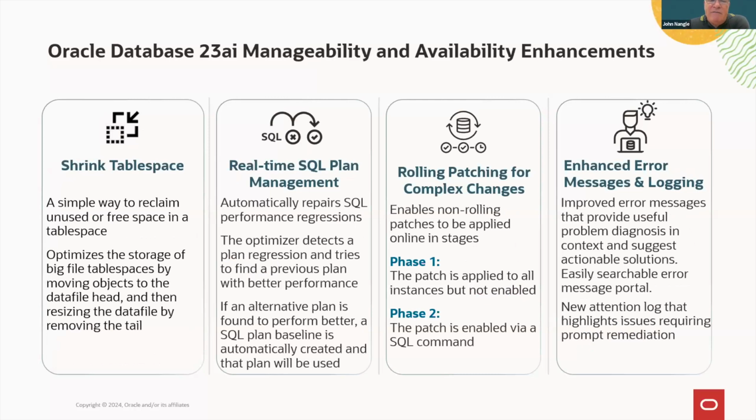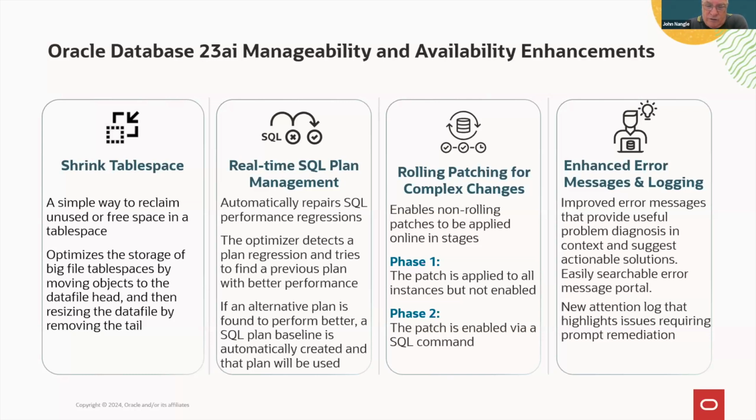From a DBA perspective, we can shrink tablespaces. In the past, if you had objects that were near the tail end of a data file and you tried to shrink that data file, it wouldn't let you do it. Well, now it will move extents underneath the covers so that you can shrink tablespaces in a wider variety of applications.